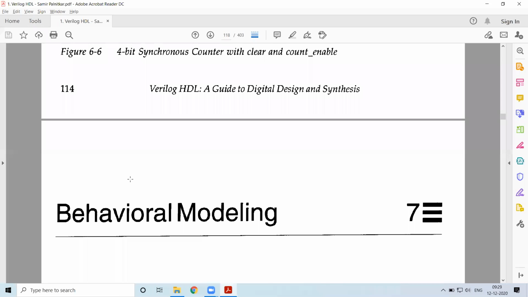Algorithmically, you implement this using different techniques, such as if statements, else statements, case, and looping constructs, depending on the implementation you want. Apart from that, you can use the operators we discussed in data flow modeling here also. Behavioral level modeling pertains to all these aspects.